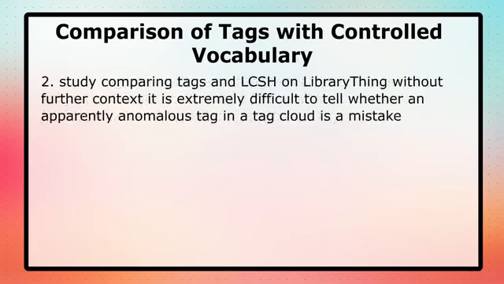Now number 2, a study comparing tags with LCSH on library themes. Without further context, it is extremely difficult to tell whether an apparently anomalous tag in a tag cloud is a mistake. Library theme is the library website, the universal or global library website, you can say.